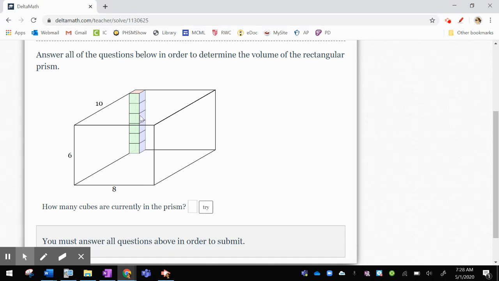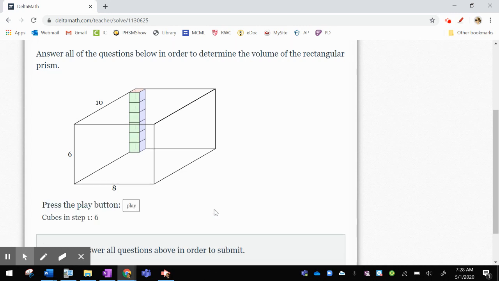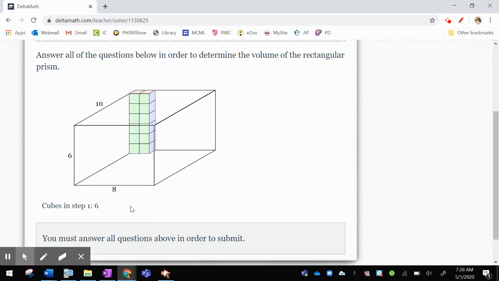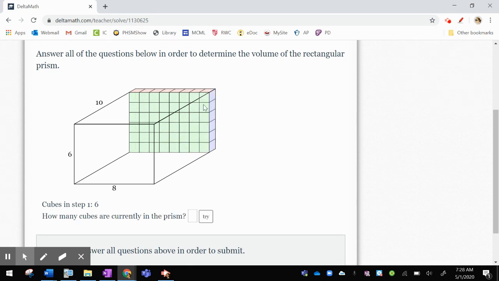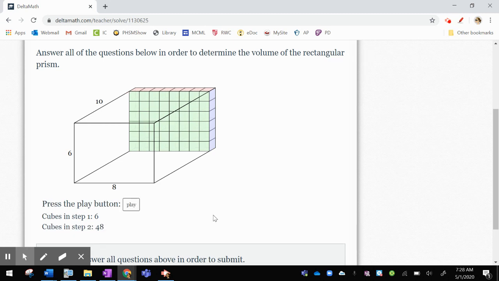Well, that corresponds with the height of 6, so there's 6 cubes. Then if I press play again, it's going to fill the back wall. So that back wall would be the same as this front wall. So it would have a number of cubes the same as the area of the front, which is 6 times 8, which is 48.